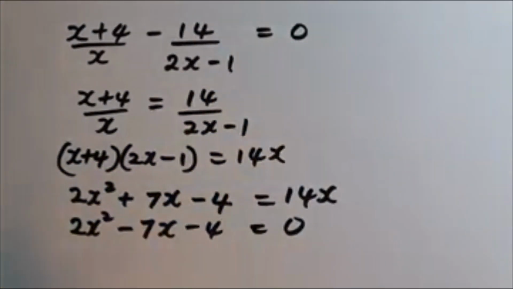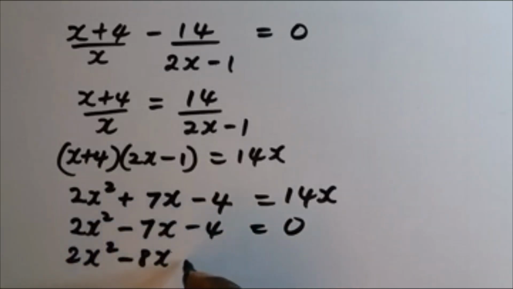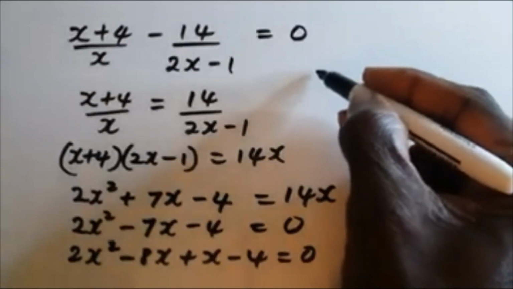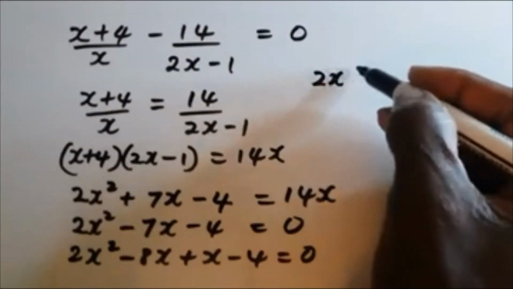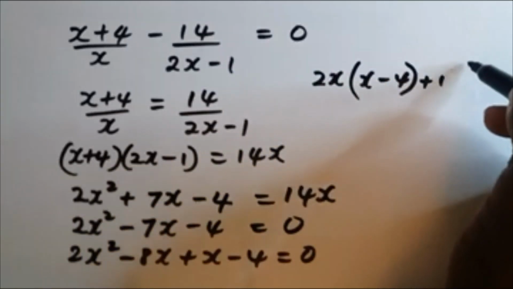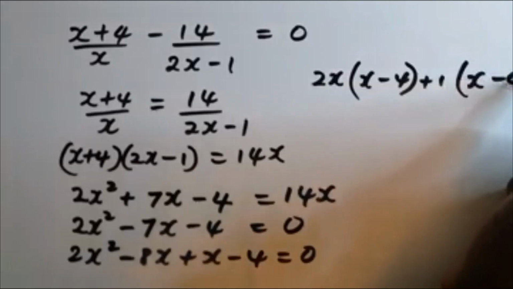So we go ahead and rewrite this as 2x squared minus 8x and x minus 4 equal to 0. And this factorizes to 2x into x minus 4, add 1 into x minus 4.